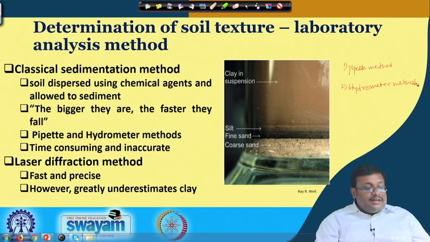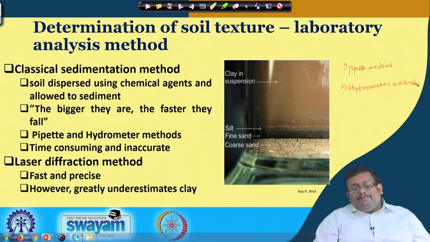We will discuss Stokes law in the next slide. Remember that the soil is dispersed using chemical agents and allowed to sediment and settle down, and the particles settle based on the principle that the bigger they are, the faster they fall. These two methods are very time consuming and laborious.